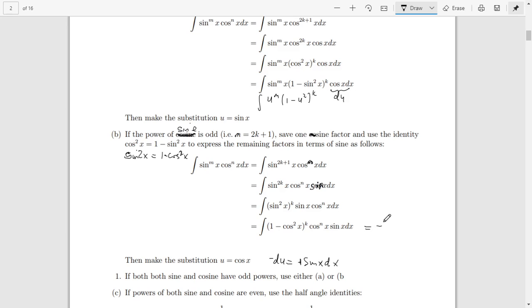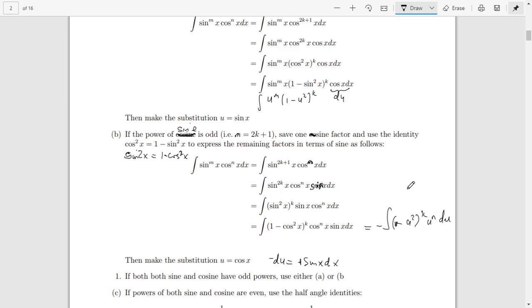So I'll have this to be the integral of negative 1 minus u squared to the power of k, u to the power of n, and then du. So here my integral is now in terms of u, and I can now do the integration.